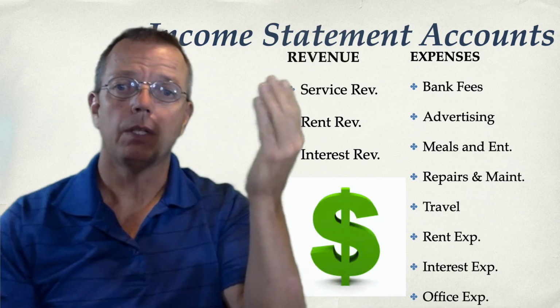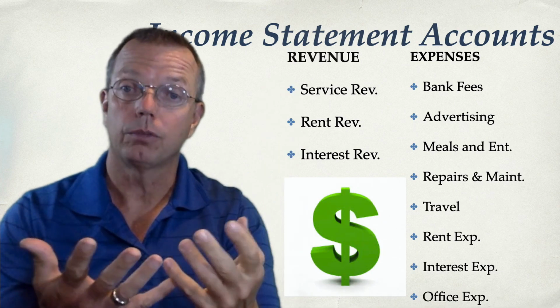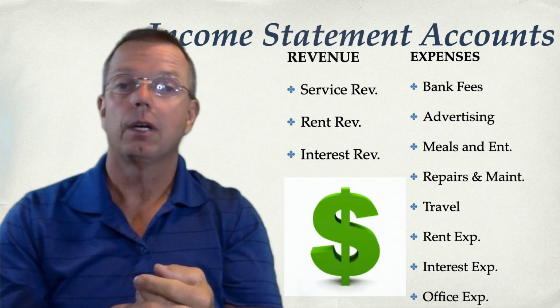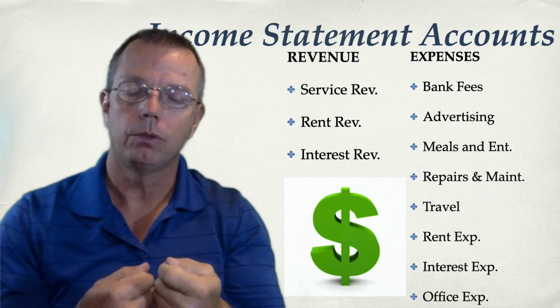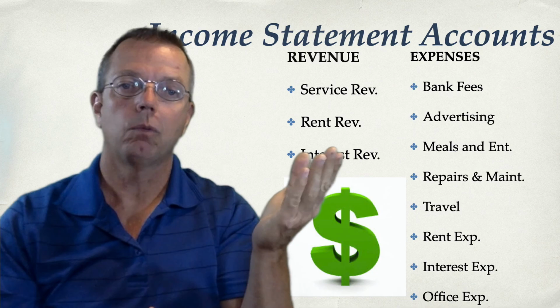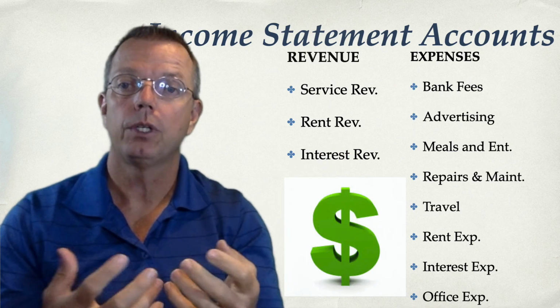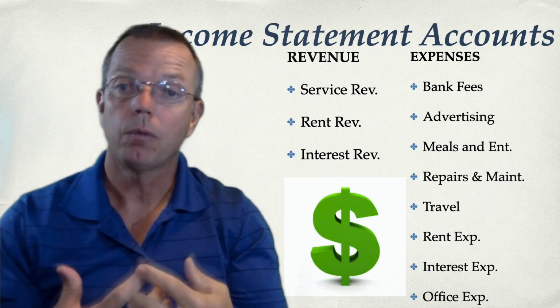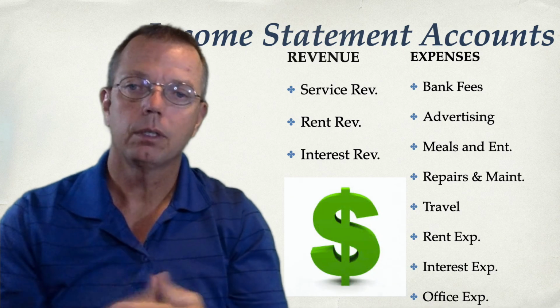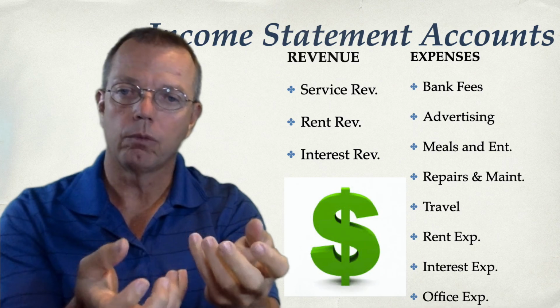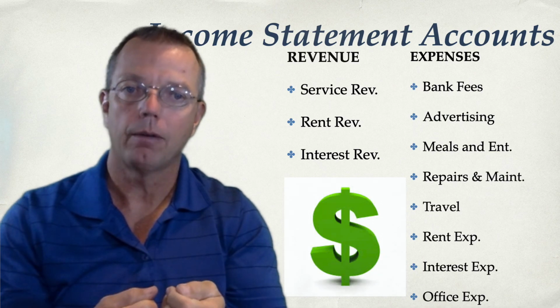Well, the first one is we can sell our services, like cutting grass or hosting an event. It's a service, so we generate money from that, and people pay us for it. The second one could be rent revenue. If we own something and want to rent it out, a piece of property, a vehicle, whatever that may be, we get paid for that, right?